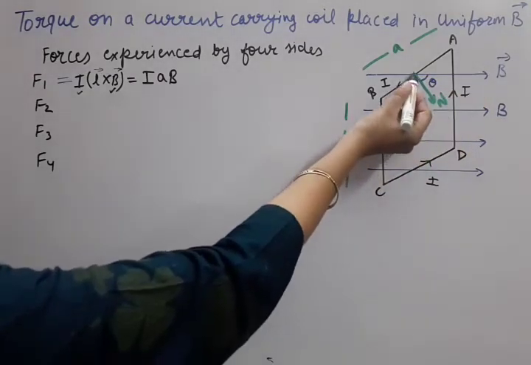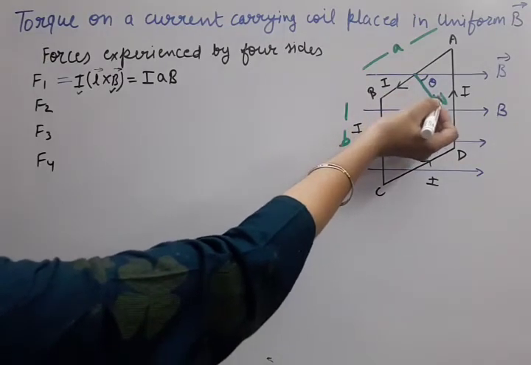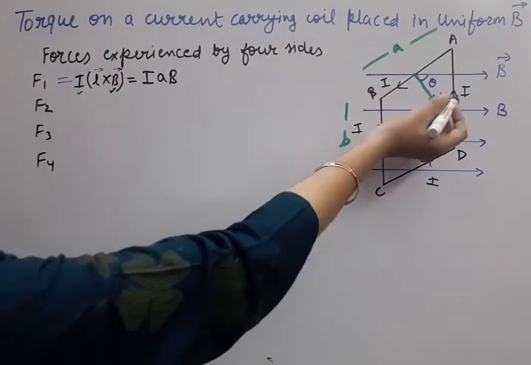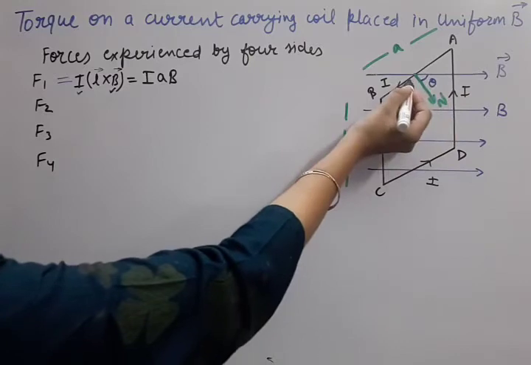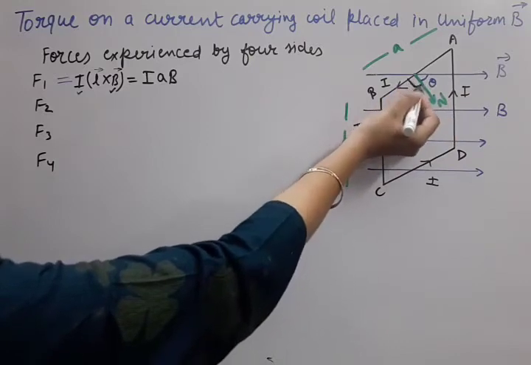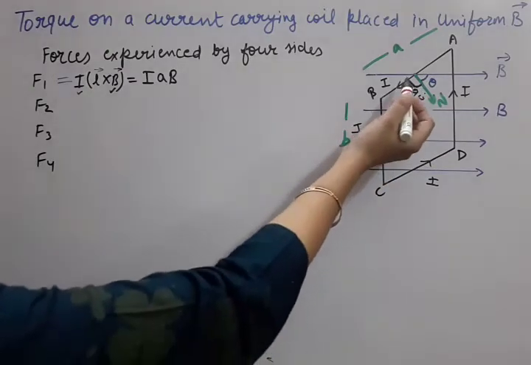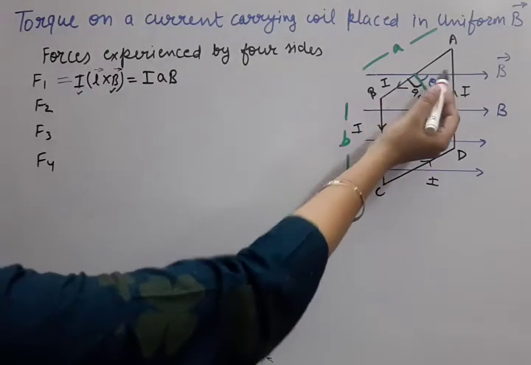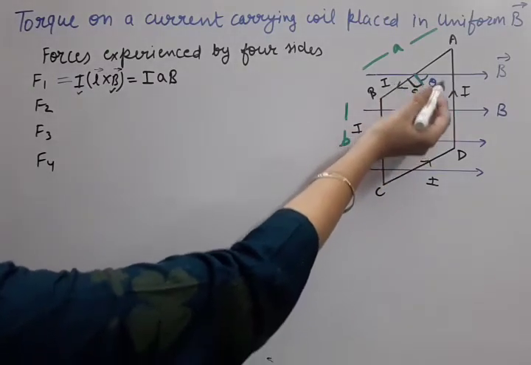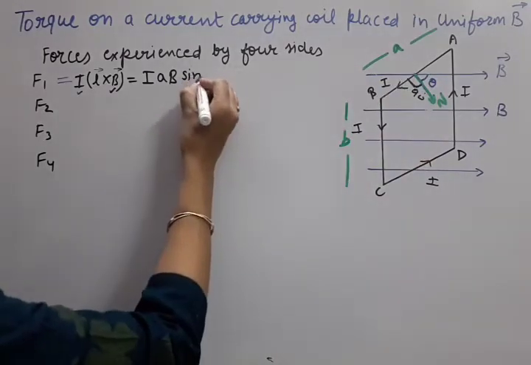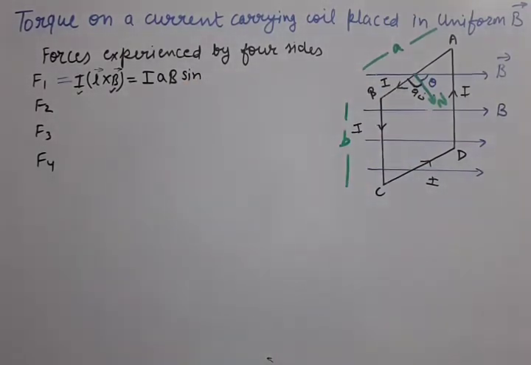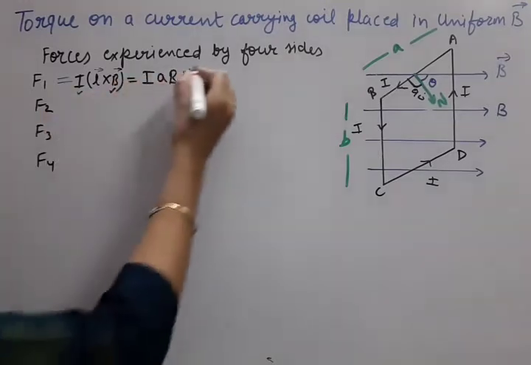Now you see this is the normal of the coil. With the normal, the angle of B is theta, and here the angle is 90 because it is normal. So the total angle between I and B will become 90 plus theta. So we will put sine of 90 plus theta.